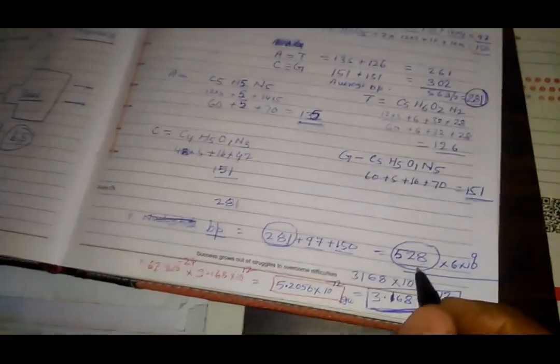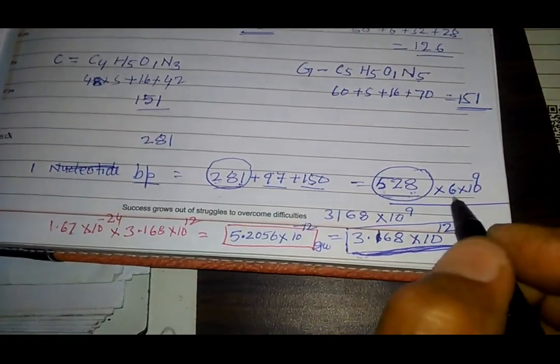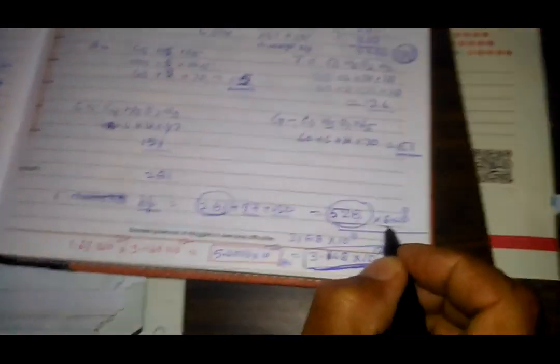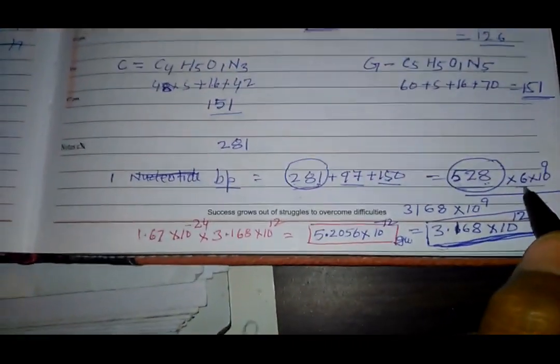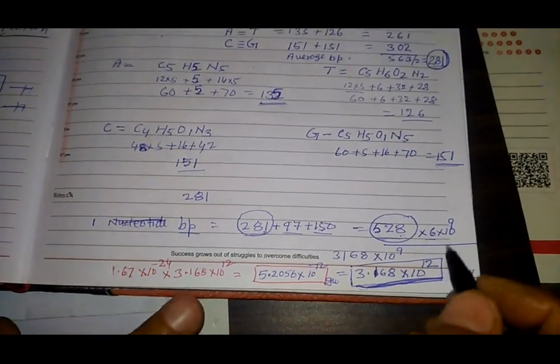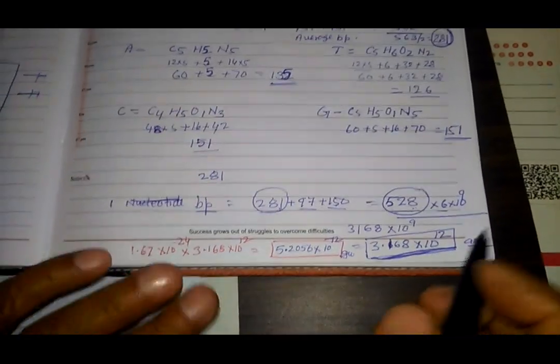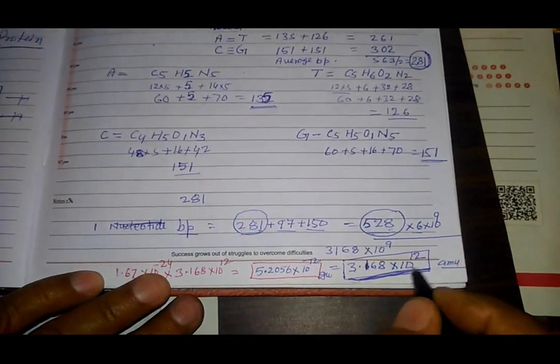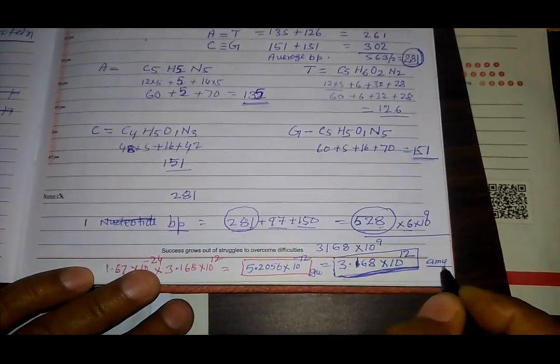Dalton, atomic mass unit, the mass. And there are approximately 6.6, I am considering only 6 for ease of calculation, so 6 into 10 to the power 9 base pairs. When we calculate this, it comes approximately 3.168 into 10 to the power 12 atomic mass unit.